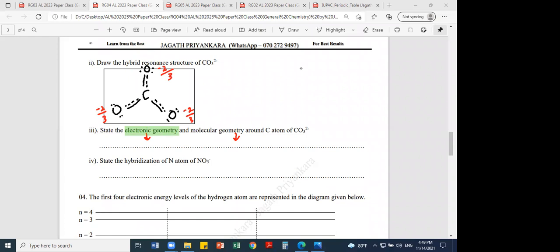Molecular geometry is the shape around the carbon atom. Since there are no lone pairs around carbon, both take the same shape. So it will be trigonal planar. This also will be trigonal planar.